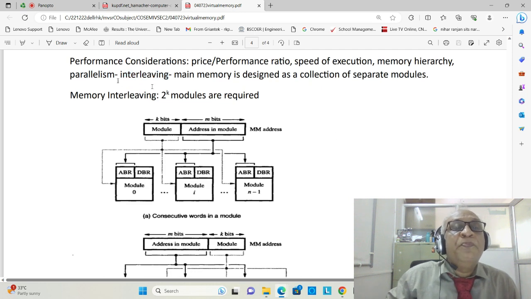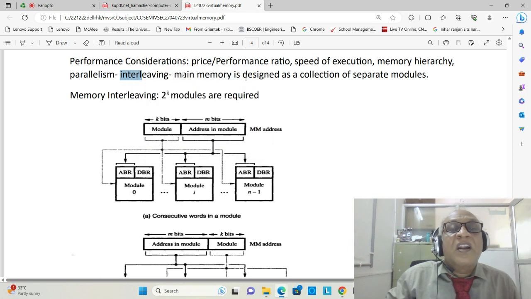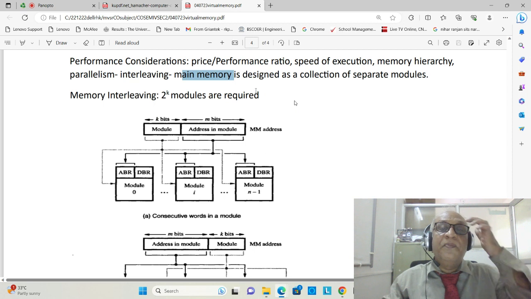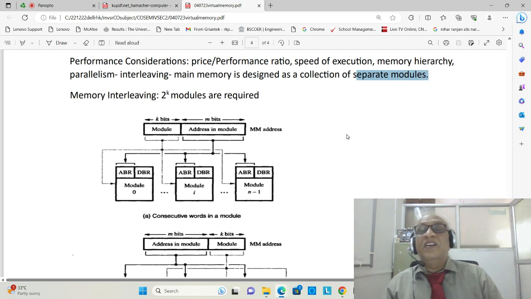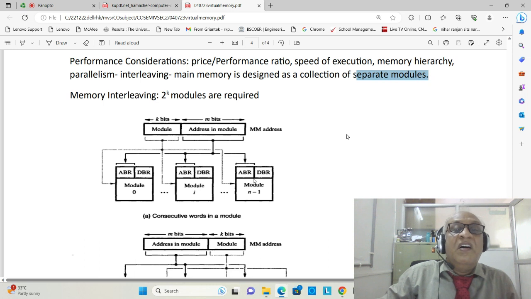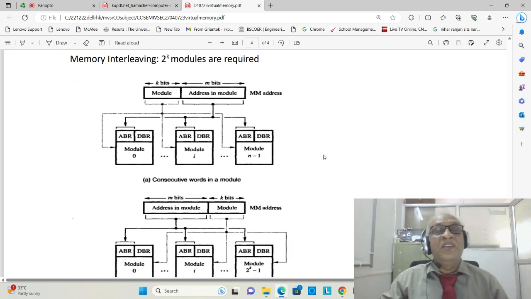And when we are speaking about memory interleaving, what we are actually doing is structuring our main memory in such a way that the main memory is divided into separate modules which are part of the same memory, and each separate module will have its own address register and data register. Here the nomenclature may vary. They may not be called address registers and data registers, but they may be called the ABR and DBR registers.